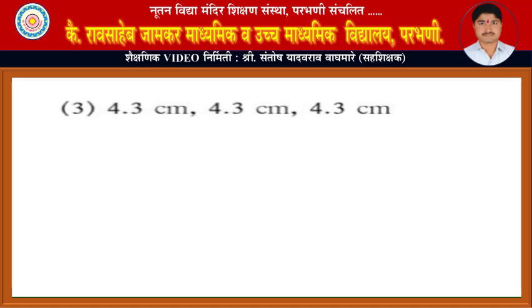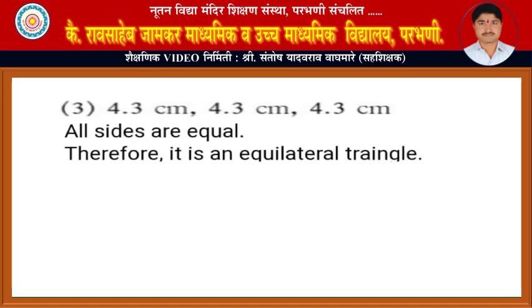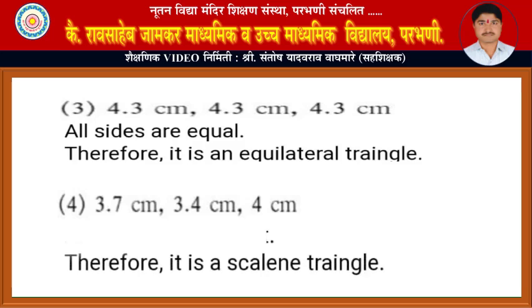It is an equilateral triangle. Why? All sides are equal, therefore it is an equilateral triangle. Fourth question, 3.7 cm, 3.4 cm and 4 cm. Here all sides are different, so it is a scalene triangle. This way we have completed our question number 4.